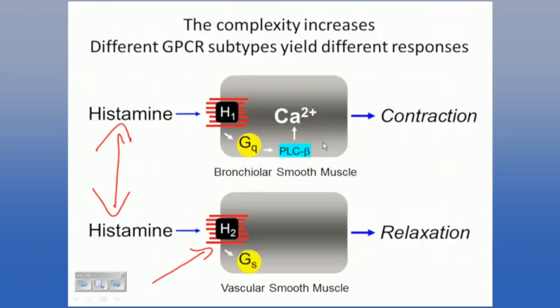H2 binding to a GS receptor in vascular smooth muscle cells results in an increase in cyclic AMP and bronchodilation. In the previous example, the comparator I showed you was epinephrine. So in this example, we can see the same ligand being capable of bringing about diametrically opposed responses in tissues that are co-located to each other.